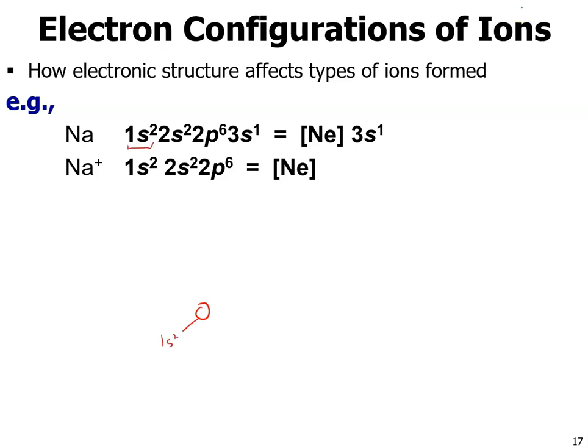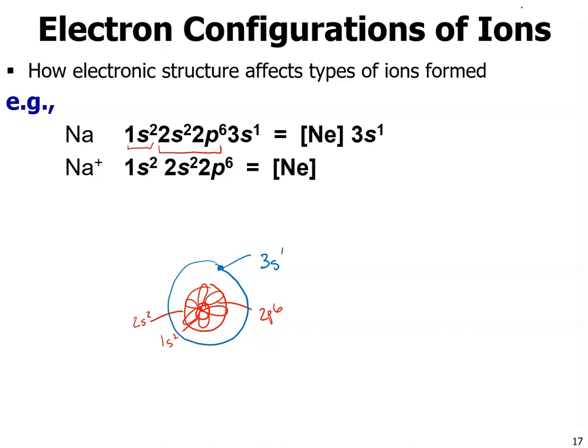Then we add another, bigger shell on the outside of that, where we add the 2s electrons. We also get the 6 electrons in the p orbitals here. Then at the very end, we create one more bigger orbital on the outside, the 3s, with this 1 electron out here.